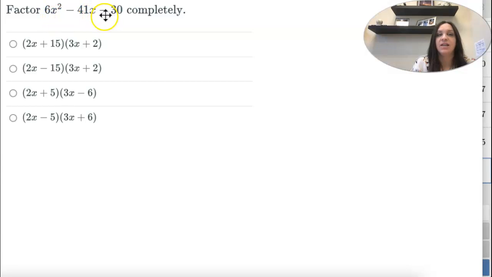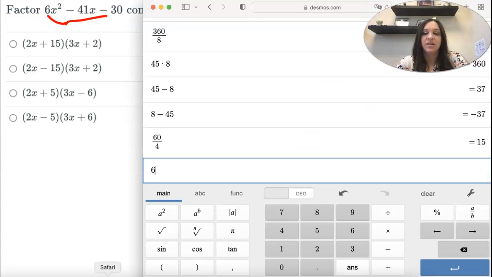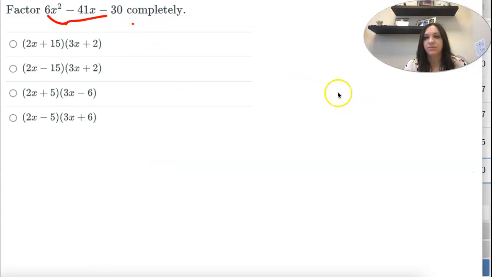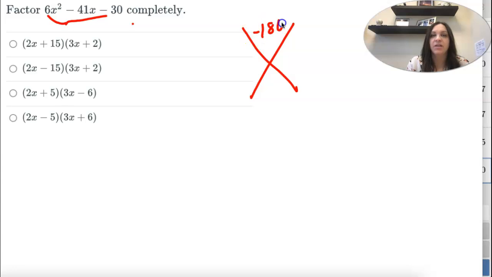I have x squared and x, so that means I have to multiply the first and the last. So 6 times negative 30 is negative 180. So I want two numbers that multiply to negative 180 and add to the middle, negative 41.